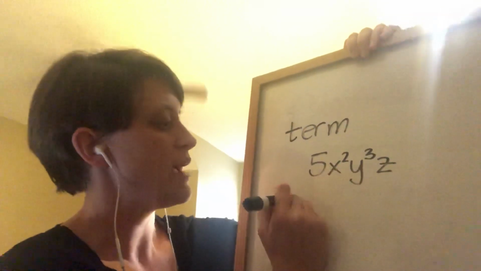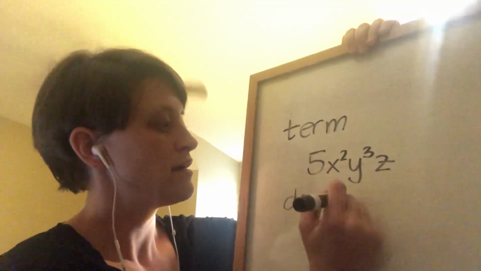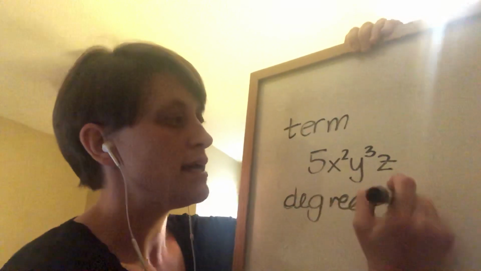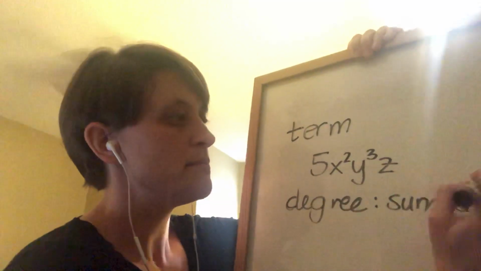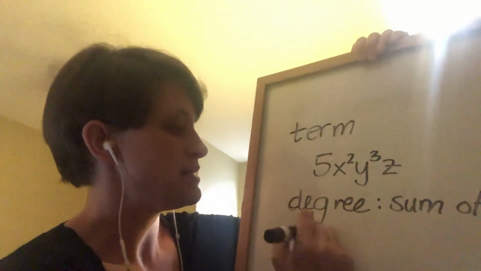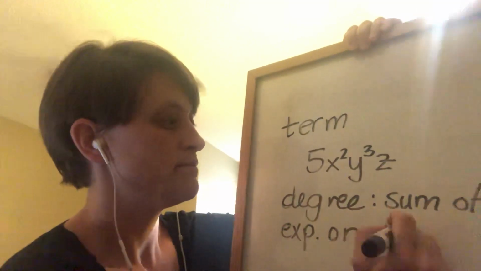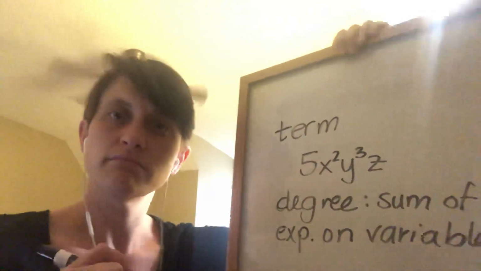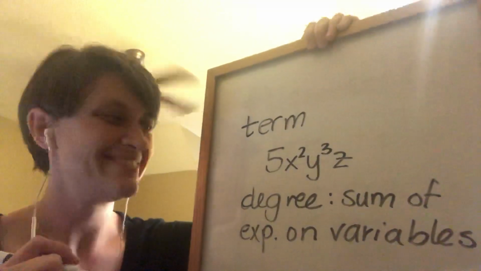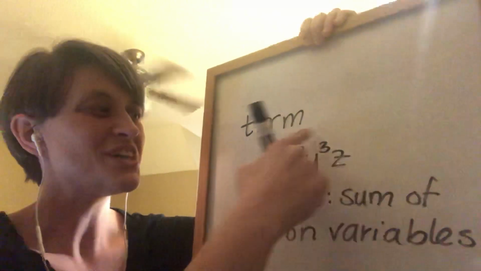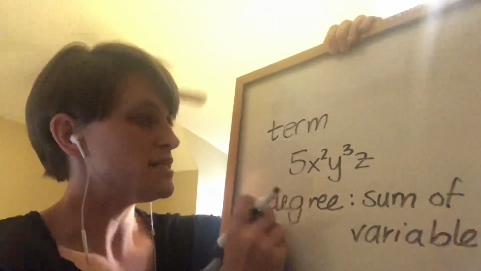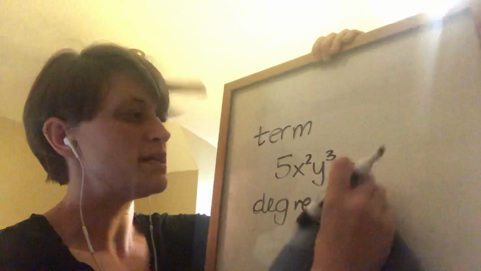Every term also has a degree. And the term degree is the sum of the exponents on the variables. So for this term in particular, the degree is going to be the sum of the exponents on the variables.